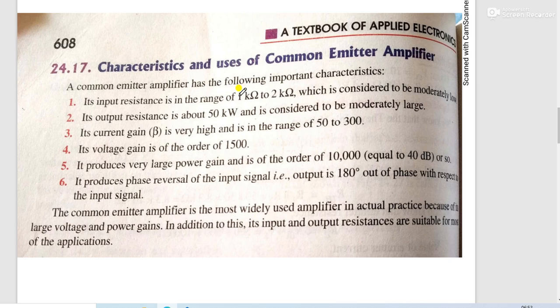It produces phase reversal of the input signal, that is, the output is 180 degrees out of phase with respect to the input signal. As for the application, the common emitter amplifier is the most widely used amplifier in actual practice because of its large voltage and power gains. In addition, the input and output resistances are suitable for most applications.